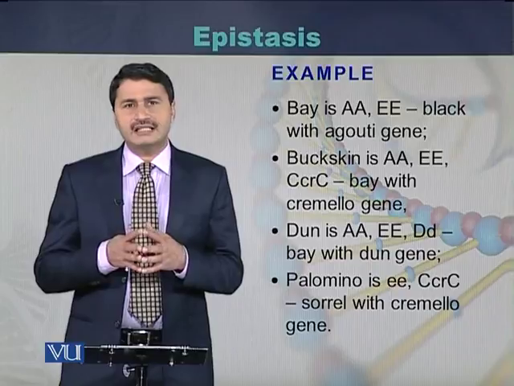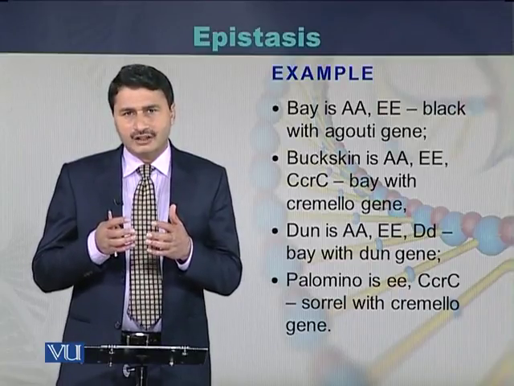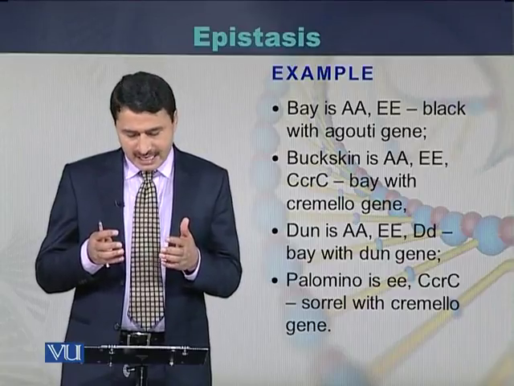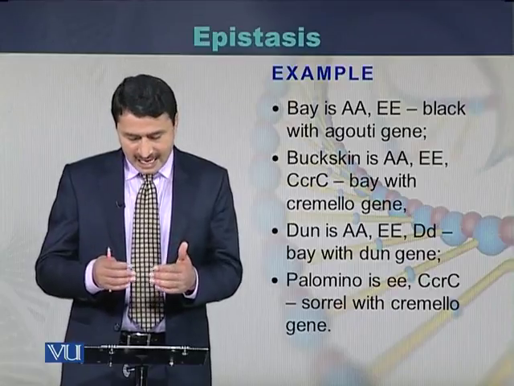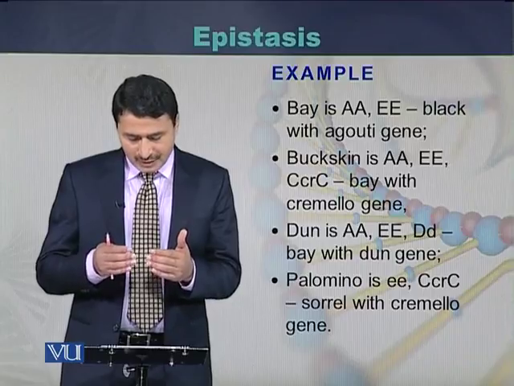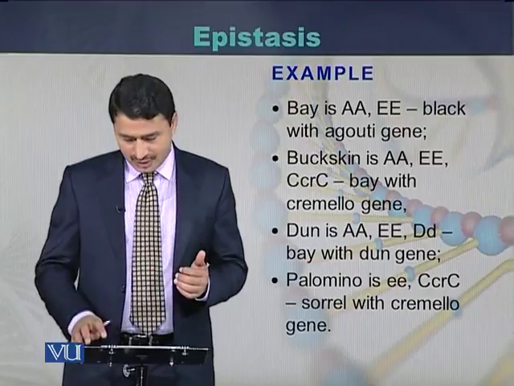Here we can see all the genotypes which are responsible for the coloration in horses. Bay is AA and EE, black with agouti gene, and like buckskin, then dun, then palomino, these are all different colorations in horses.